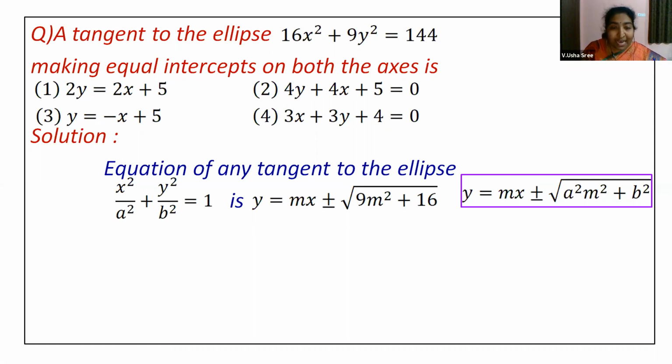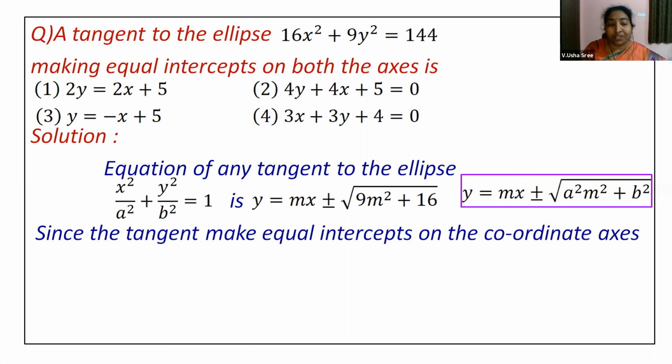Now children, after getting this condition, the next point you need to know: the tangent is making equal intercepts on the coordinate axes. Equal intercepts is possible when m = -1. Therefore, wherever you have m, you take it as -1.